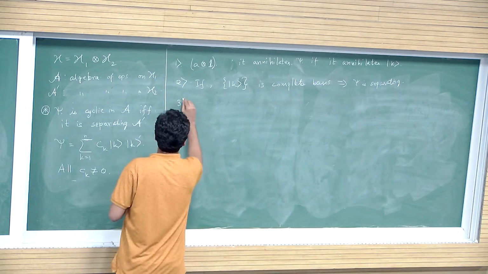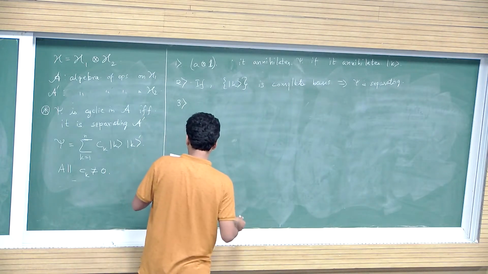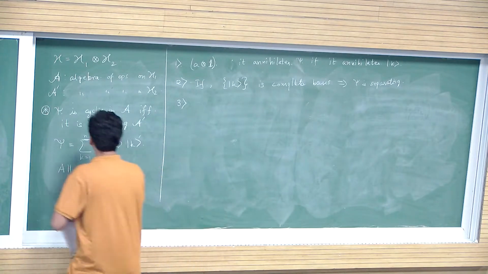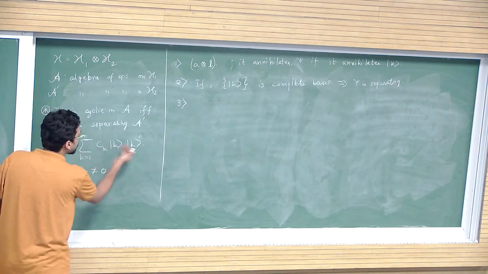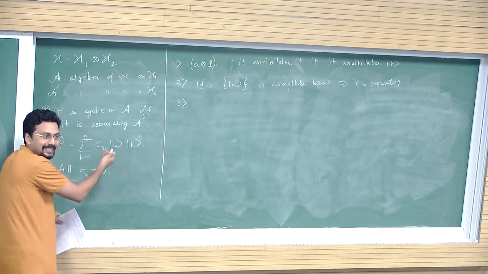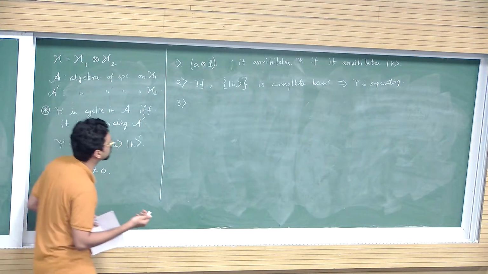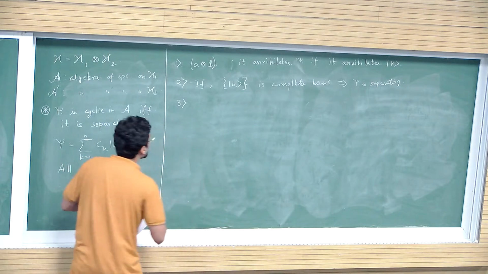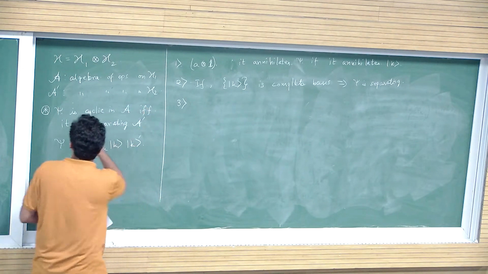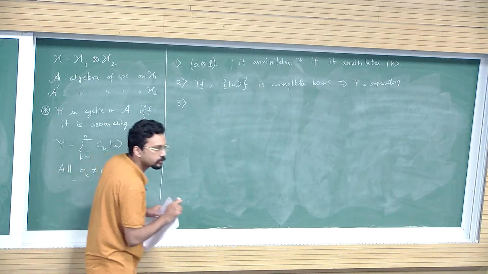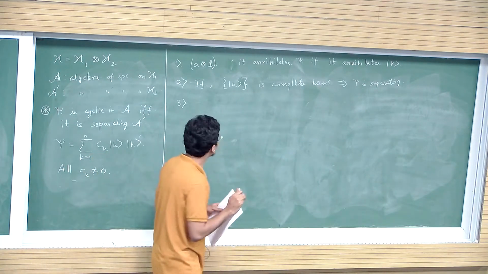Now the third point: the way this system is set up, with H1 and H2, these arguments are symmetric within the Hilbert spaces H1 and H2. So also if K prime is a complete basis within the corresponding algebra A prime, I can also say that psi will be separating.